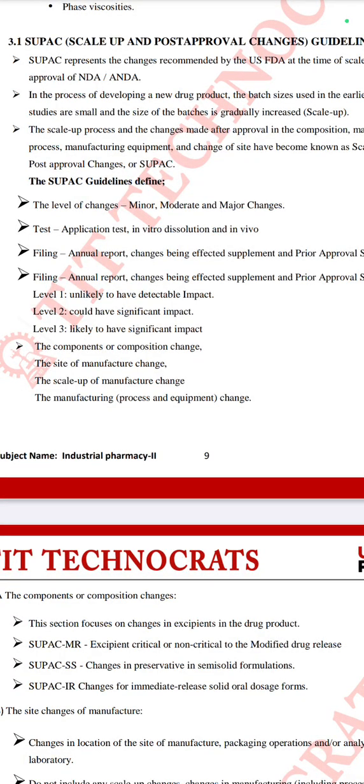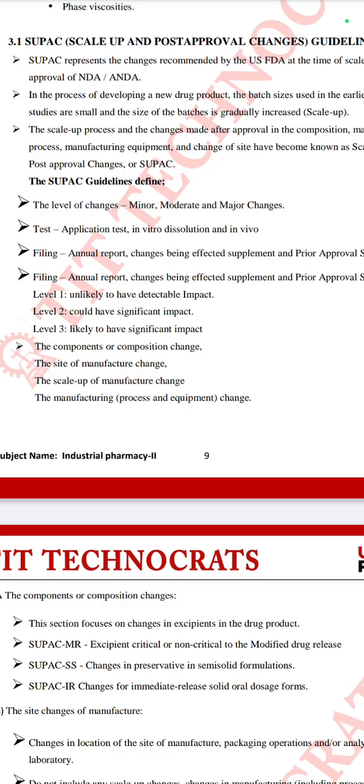In the process of developing a new drug product, the batch size, the product can be any dosage form, solid, liquid, semi solid, any. So when we are developing a new drug product, after post approval, what is the guideline for changes?